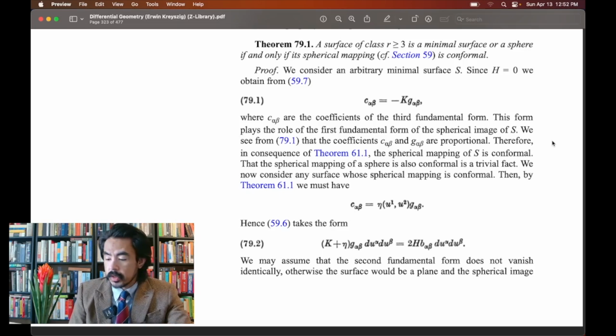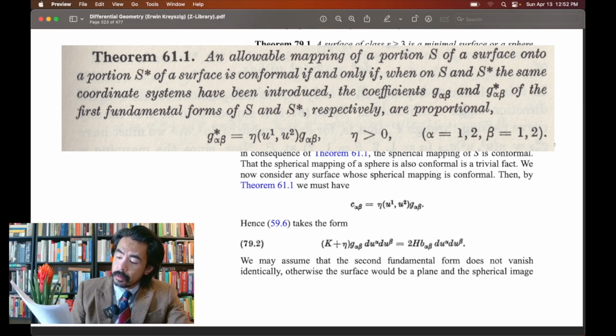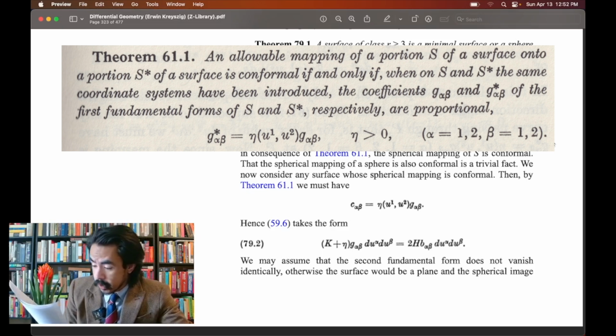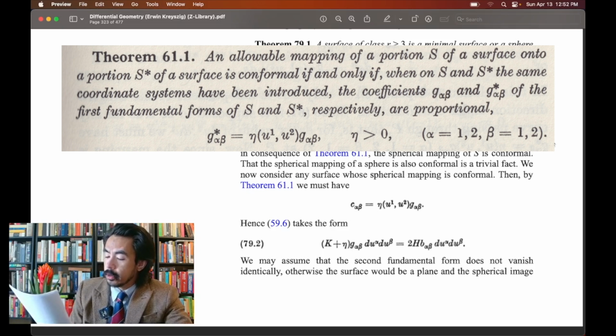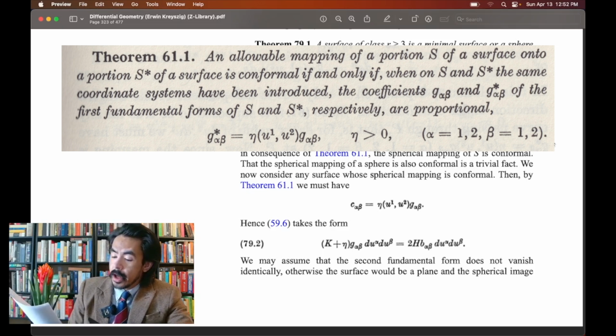Therefore, in consequence of theorem 61.1, which is an allowable mapping of a portion capital S of a surface onto a portion capital S star of a surface, is conformal if and only if, when on S and S star the same coordinate systems have been introduced, the coefficients g sub alpha beta and g star sub alpha beta of the first fundamental forms of S and S star, respectively, are proportional.